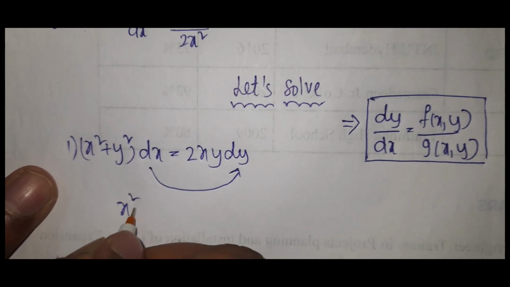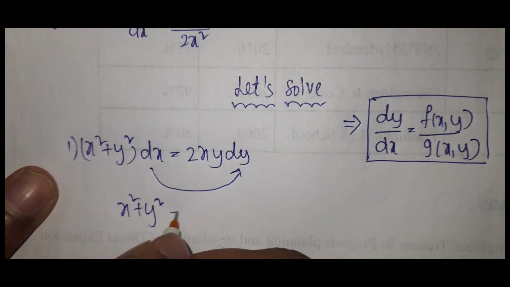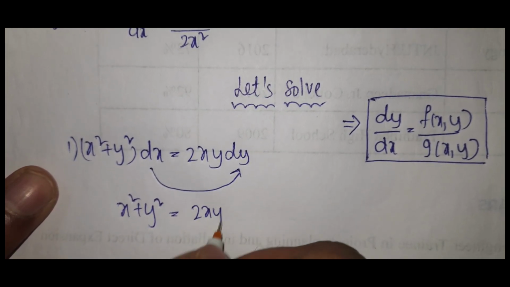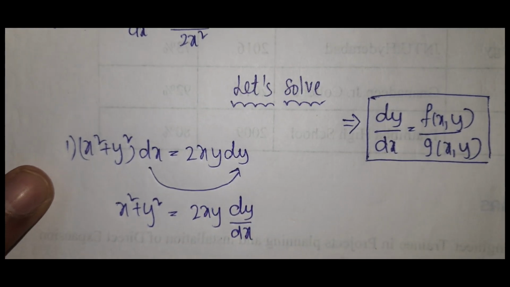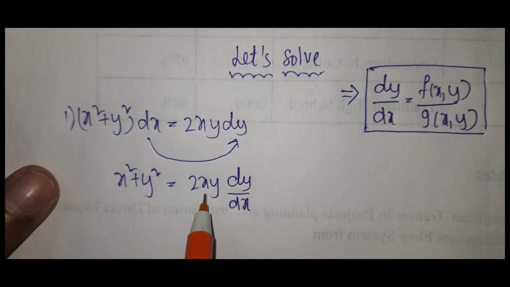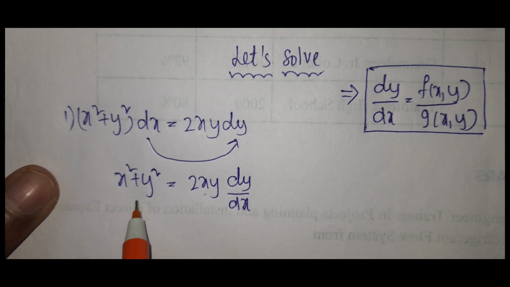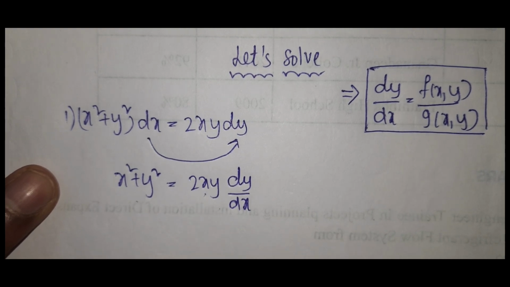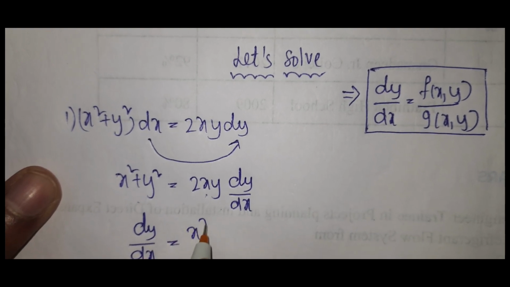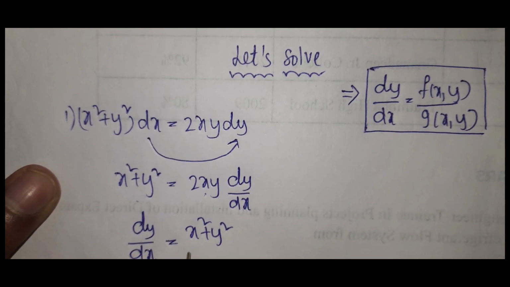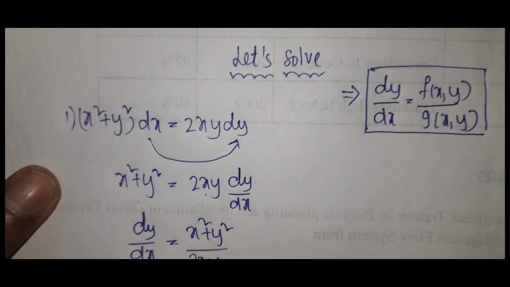So x square plus y square is equal to 2xy dy by dx. Then I am sending this 2xy to the other side, where it becomes the denominator. So dy by dx is equal to x square plus y square by 2xy.